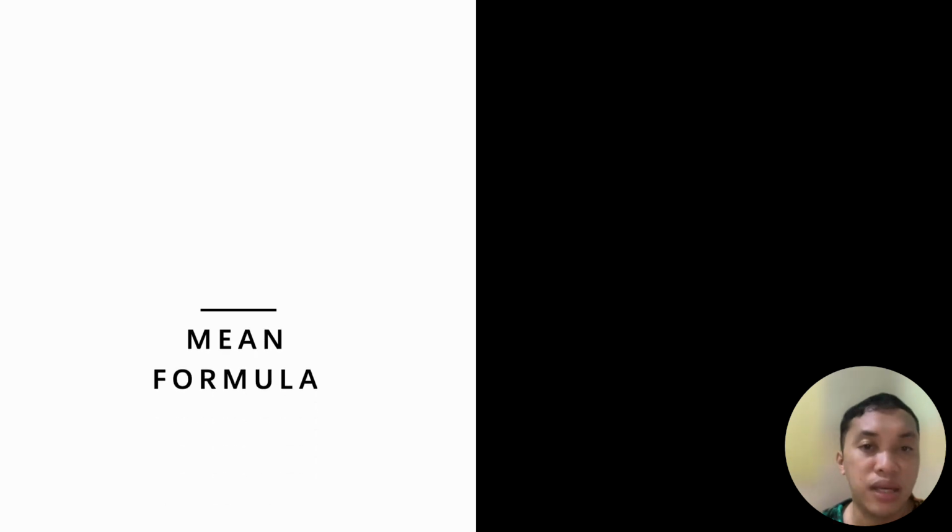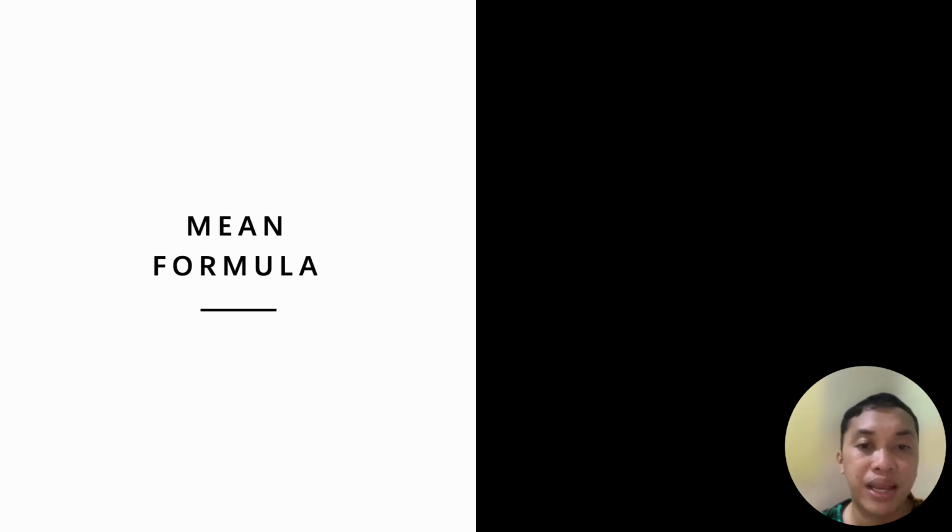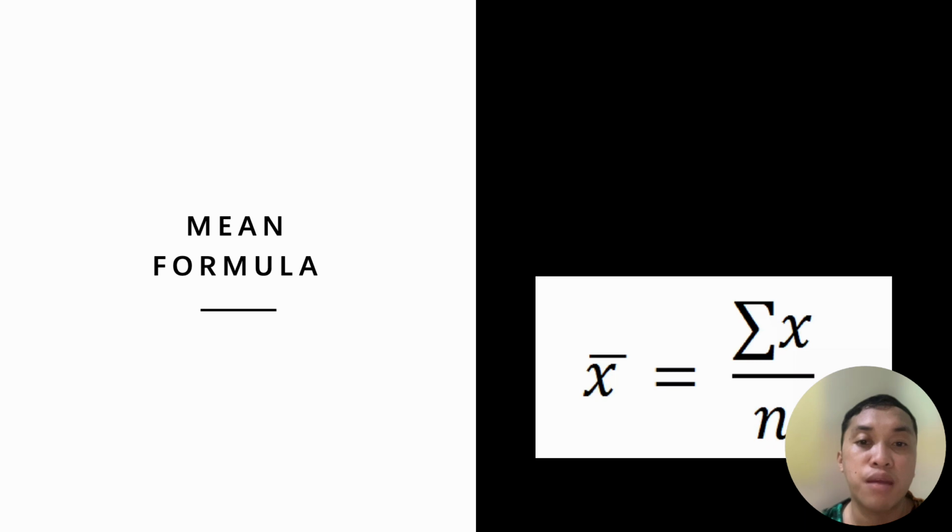So to get the mean, we will be guided by this formula. Mean is equal to, or the x bar, that's the symbol for mean. X bar is equal to the summation of x over n.